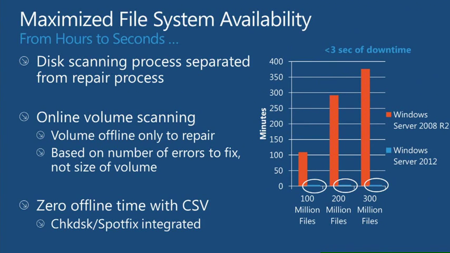So where does CSV fit in? The great thing is that we've integrated these check disk or spot disk improvements into CSV, or more specifically, the CSV health checks. As you guys probably know, we run detailed health checks on physical disk resources every minute.